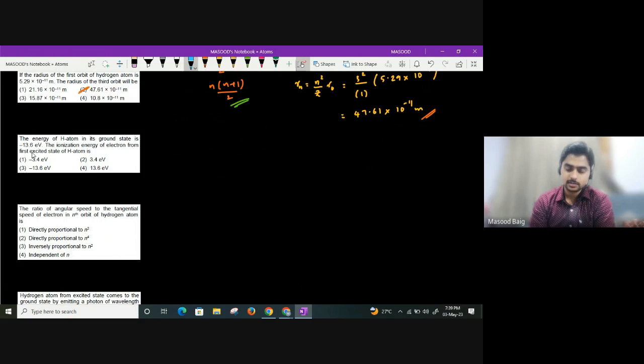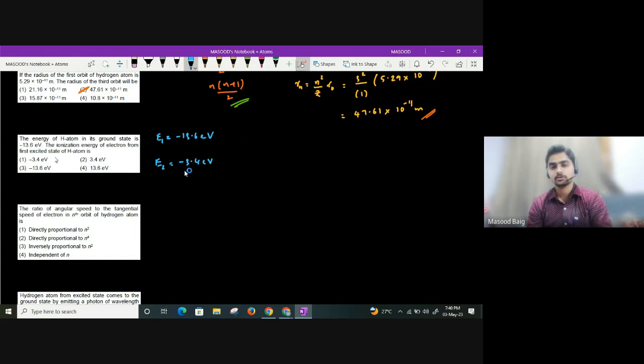It is given as minus 13.6 electron volt. Ionization energy of electron from first excited state. First excited state means the second state. In the second state, what is the energy? It is minus 3.4 electron volt. So the electron revolving in the second state has this much energy.